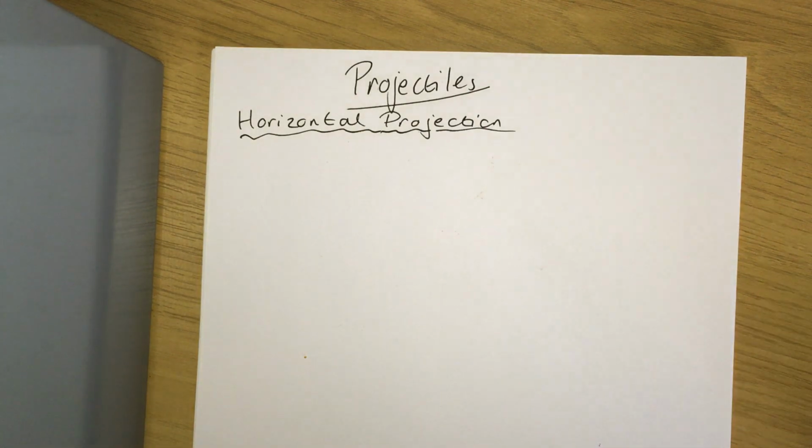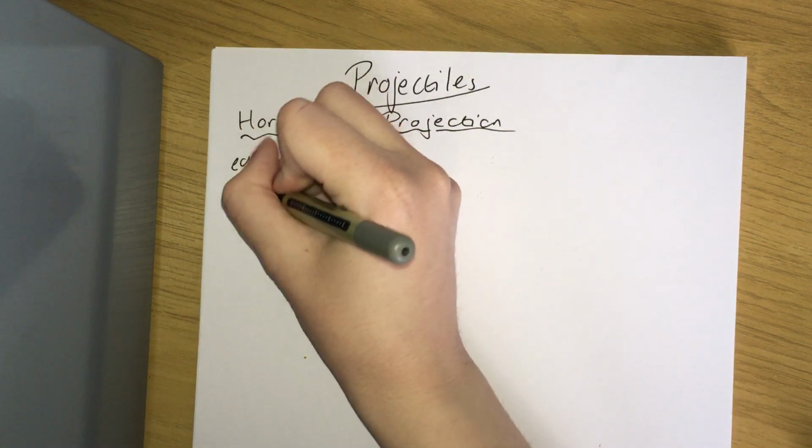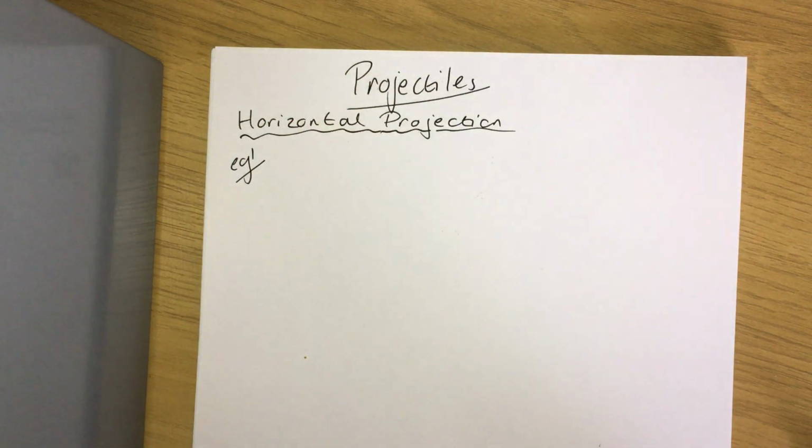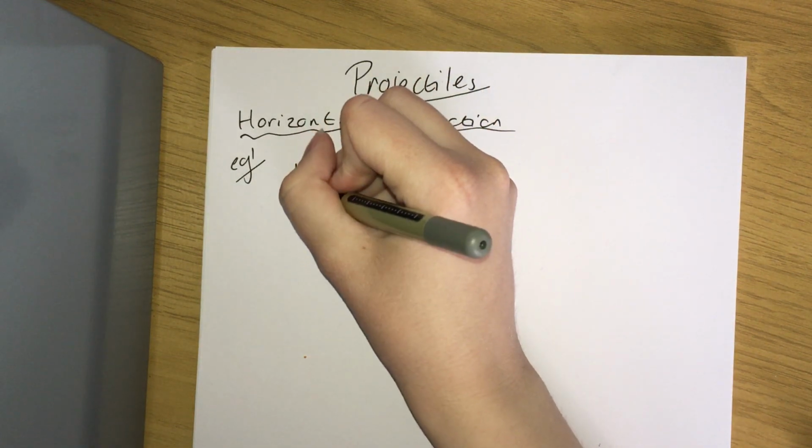On the first one, I have put the SUVAT formula. I haven't on the others because they're pretty much always going to be s equals ut plus half at squared. So example number 1. A projectile is projected horizontally at 25 metres per second from a point 78.4 metres above a horizontal surface.